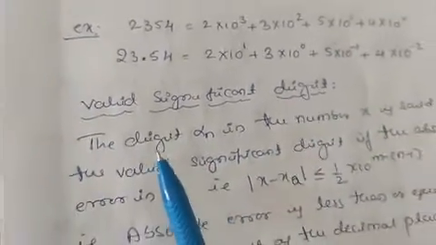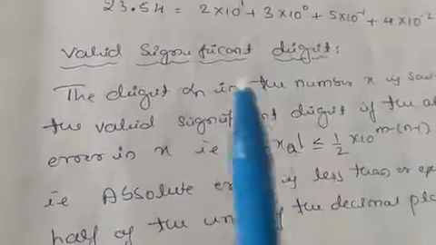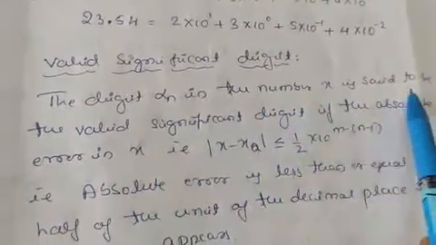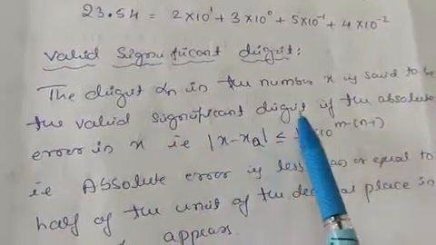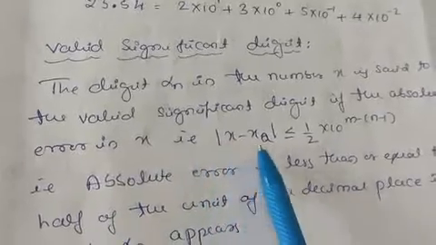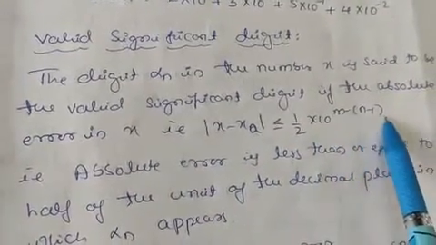Now next is valid significant digit. The digit alpha n in the number x is said to be a valid significant digit if the absolute error in x, that is mod of x minus x dash, is less than or equal to 1 by 2 into 10 raised to m minus n minus 1.